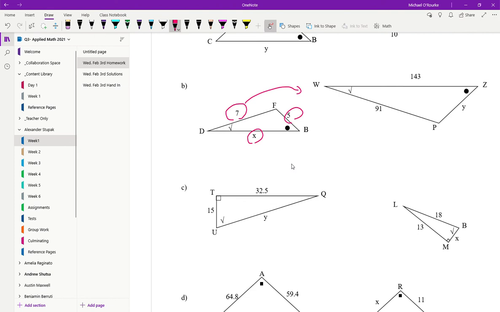91? Good. Do you guys also say 91? Not 143, because if you look here, I always take a look at what the 7's between.